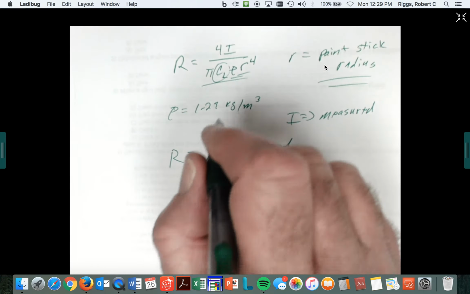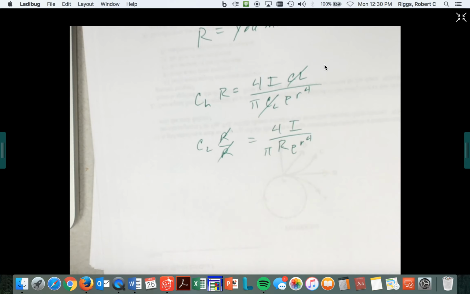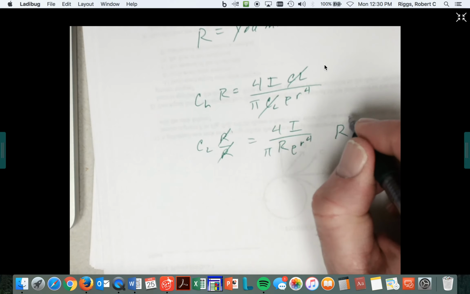And then that cancels, and you've got your R down here. And this R, remember, is your R bar, which you measured earlier. So now you've got the CL of your boomerang.